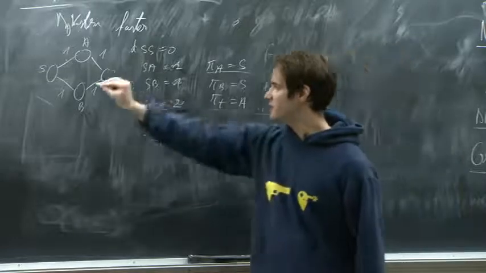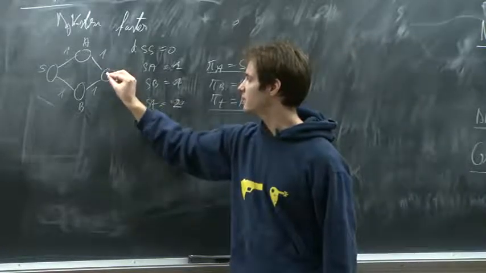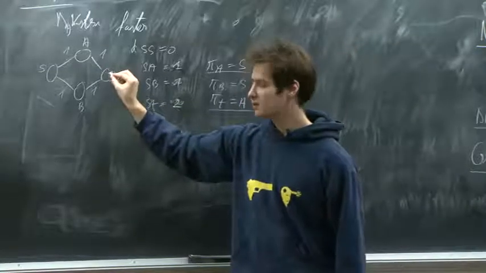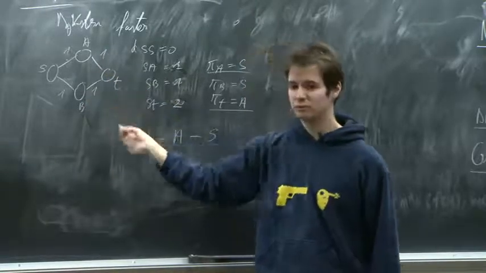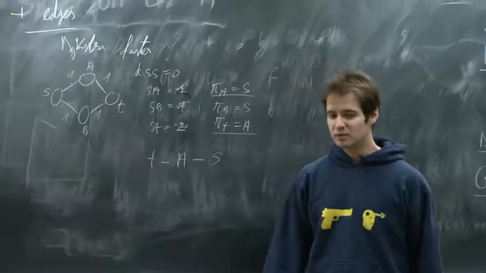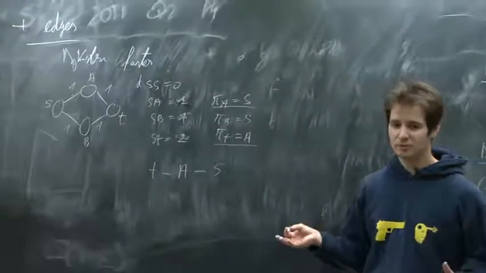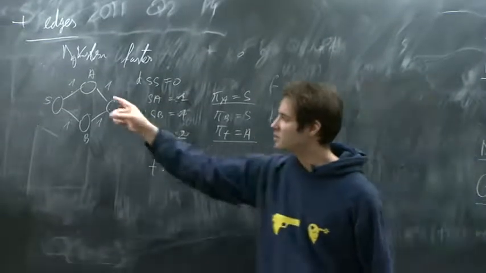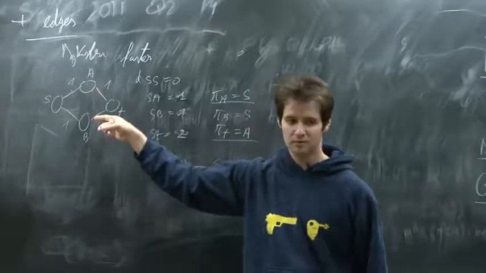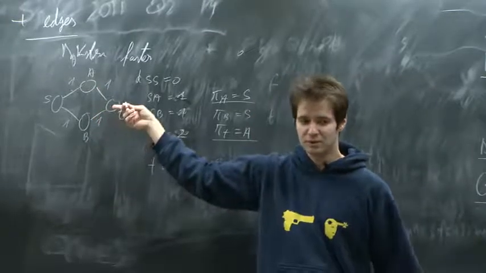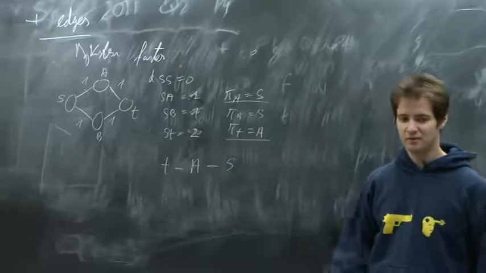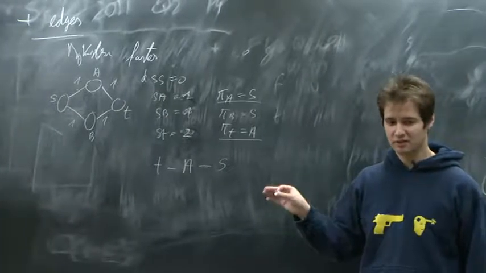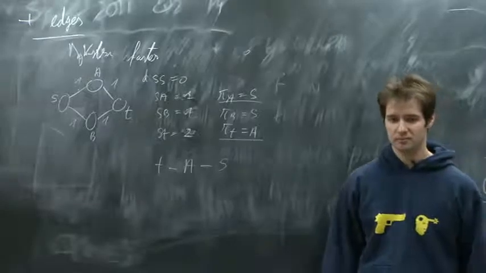Because I relaxed them in this order, this path was considered before this path. So the parent pointer of T is A, but if I relax them in the other order, the parent pointer could be B. By the way, this could happen if you're running Dijkstra or Bellman-Ford. If you're running Dijkstra, it's just about how you're going to have the ties separated, so your priority queue implementation might give you different paths. Does it make sense now? So it's the order in which edges are relaxed that defines which path you're going to end up with.